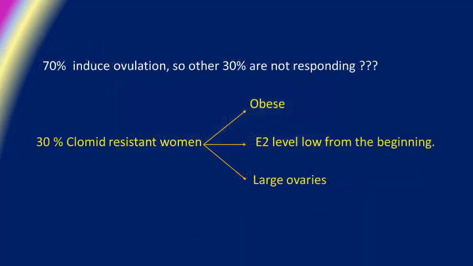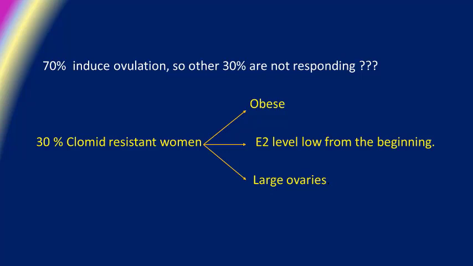As we said, with 70% of Clomid treatment there will be normal ovulation. What about the other 30%? They are not responding, and we call them Clomid resistant women. Why?